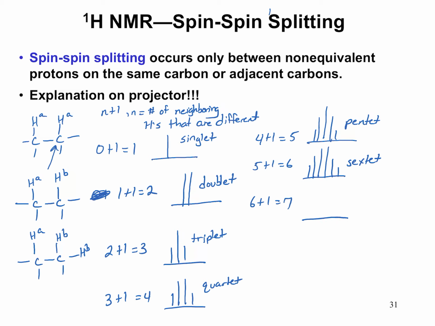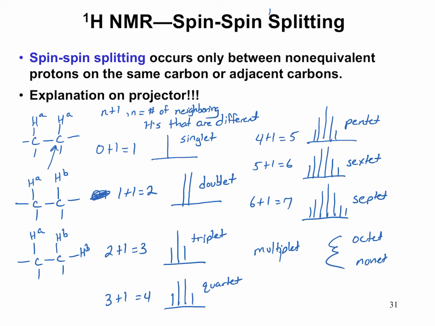If we had 6, it's like a pyramid. That's a septet. And you can imagine as we keep going, we'd have an octet and a nonet. When we start getting close to here, the peaks get very close to each other and it might be hard to see. You might just see a lot of mess and you can't really count it out. So if you ever hear multiplet, it might be that they're so close to each other that we can't tell, so we use the term multiplet.